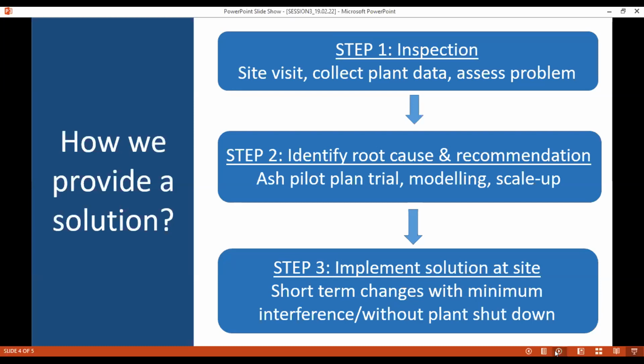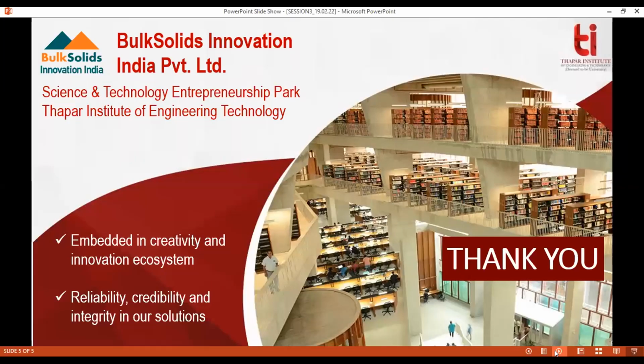And of course, being part of the university, we constantly develop new technologies. So we are a part of the innovation ecosystem. Right now we are making a new, novel kind of coating, which hopefully will stop this moisture ingress issue.